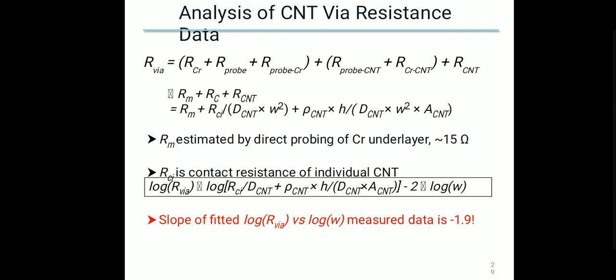This is the formula of this RC. The slope of fitted log R via versus log W measured data is 1.9. So this is the measure of this slope of log R via and log W.